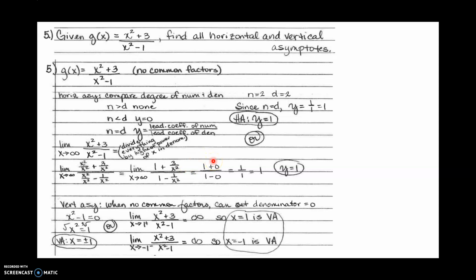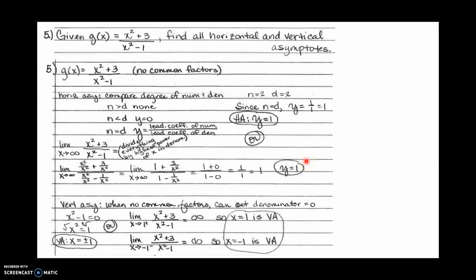We also have a property that tells us if you're taking the limit approaching infinity of a number divided by a variable, it's always going to be 0. Then down here in the bottom, the limit of a constant is that constant, and the limit of a number divided by a variable is 0. That's going to leave me with 1 over 1. So again, you can see we're getting the same answer either way that you do this.